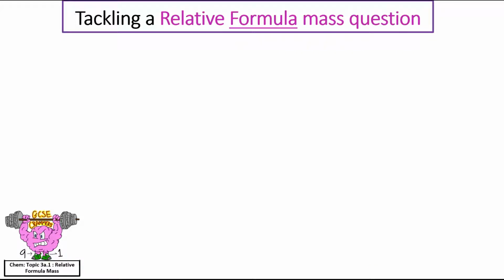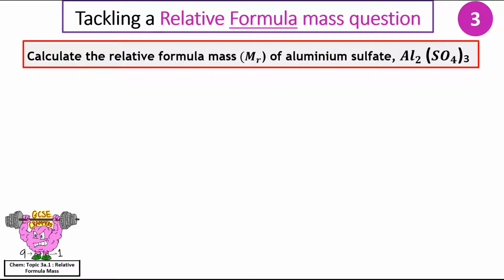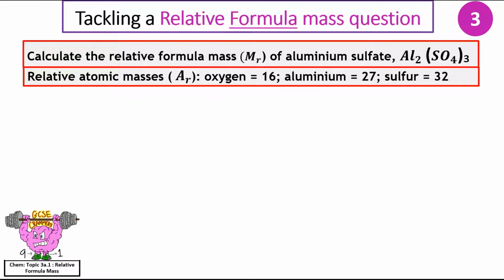Tackling a relative formula mass question, question 3. Calculate the relative mass, MR, of aluminium sulfate, Al2(SO4)3. Relative atomic masses, AR, oxygen equals 16, aluminium equals 27, sulfur equals 32. Note, in this question you're given the relative atomic masses of all the elements.